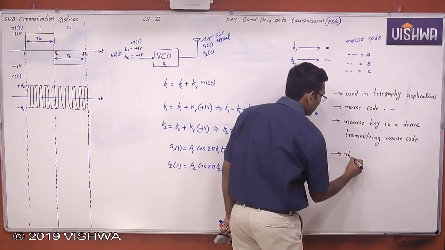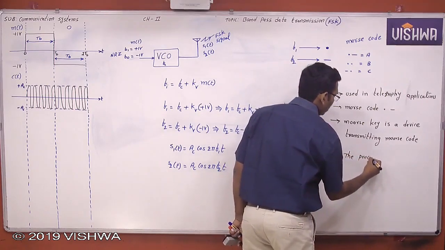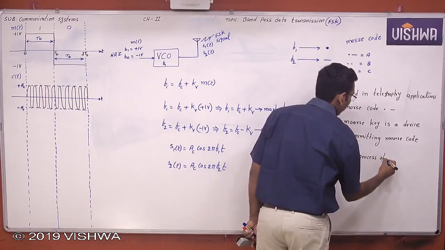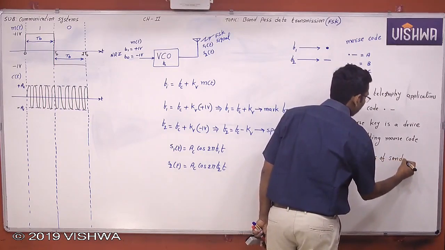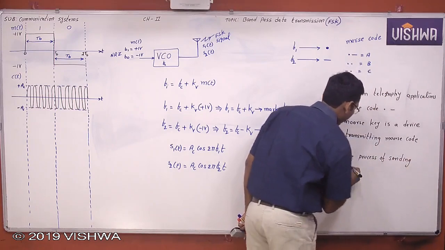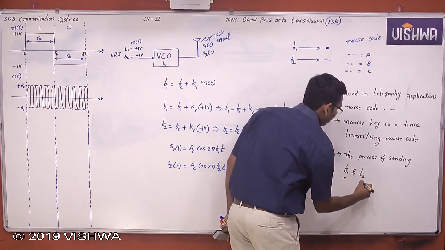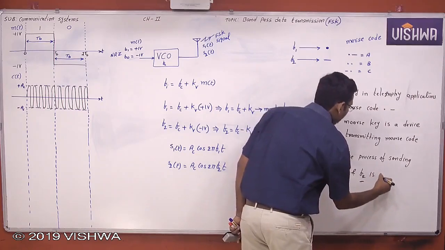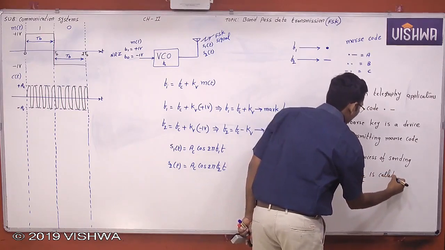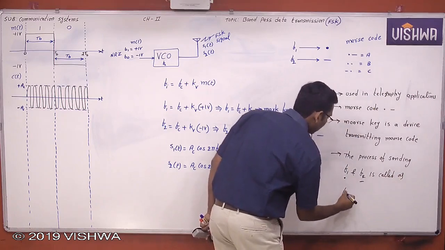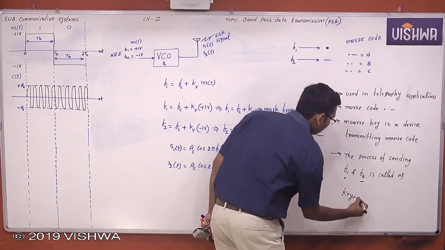The process of sending F1 and F2 is called keying.